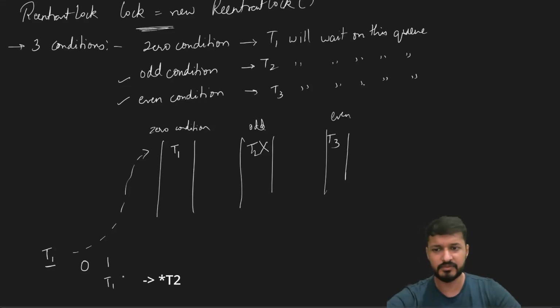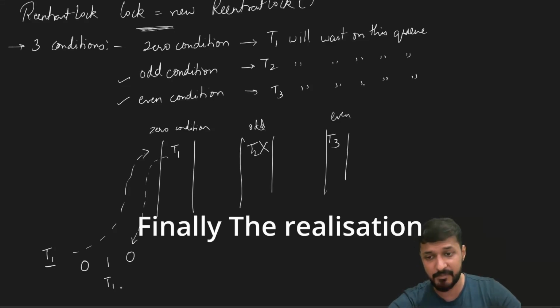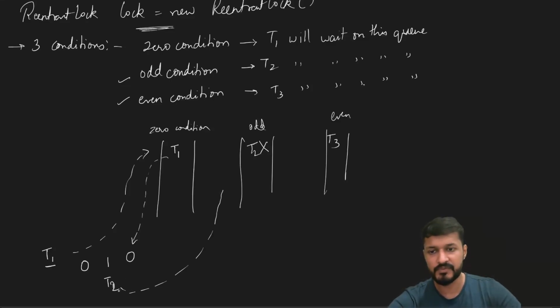After printing 1, what do we have to do? We again have to print 0, right? So after printing 1, we will ask T1 to come out of the zero condition queue and print 0. So T1 will come out and print 0, and at the same time T2 will go ahead and again wait on the odd queue, right?